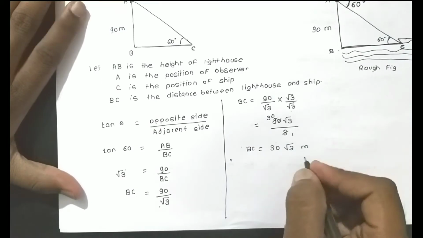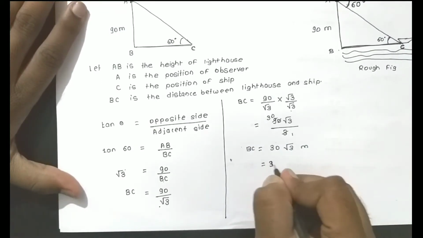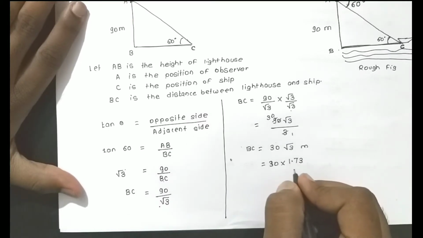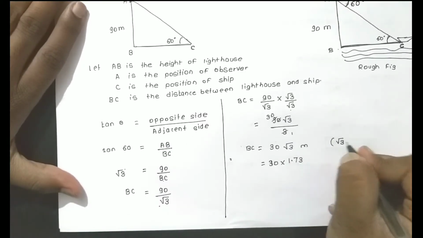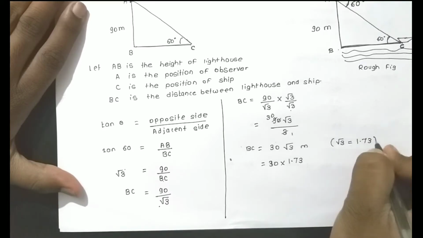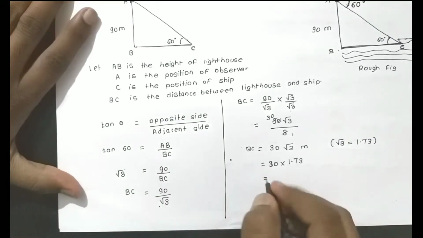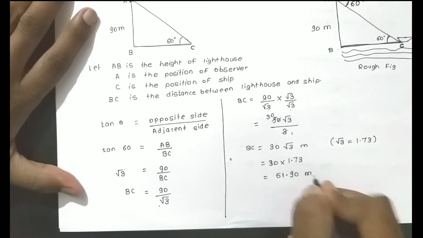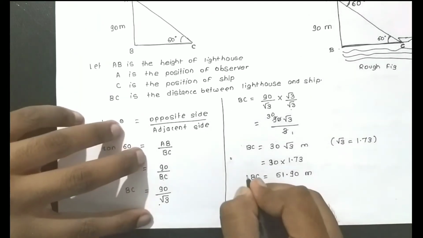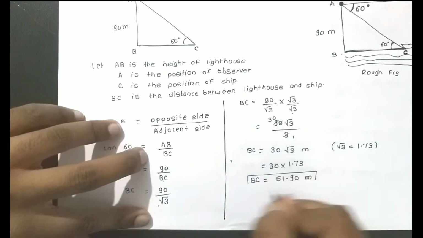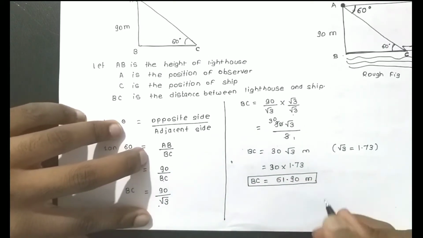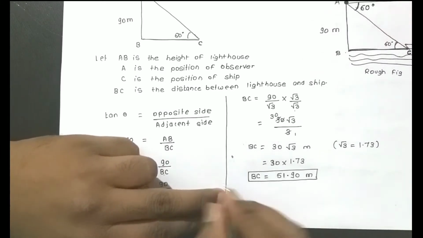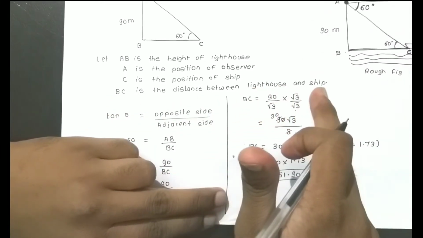But we know that the value for √3 is 1.73. Then we multiply this and we get the answer 51.90 meter. Value for the BC is 51.90 meter. Then we have to write the sentence that BC is the distance between lighthouse and ship.